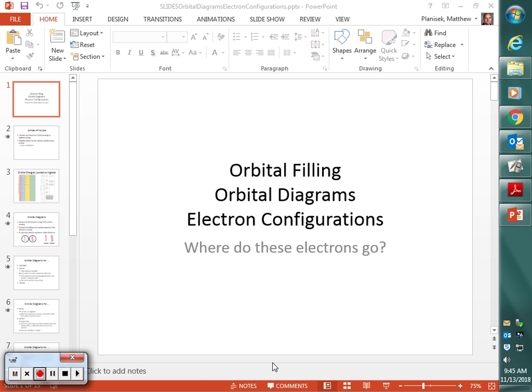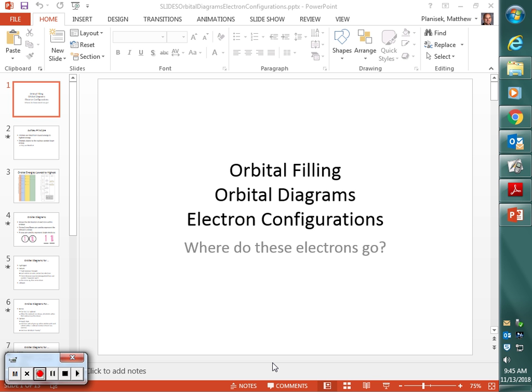All right. Yesterday we finished up our drawing that shows all of the orbitals that surround the nucleus of the atom. We talked about quantum numbers that we use to distinguish those orbitals from all the other orbitals that exist around the nucleus.